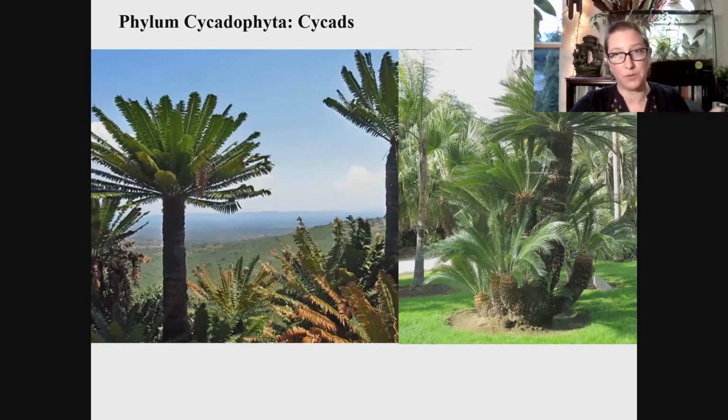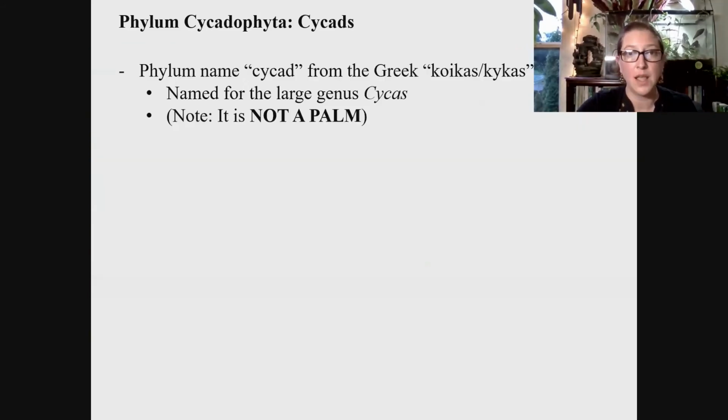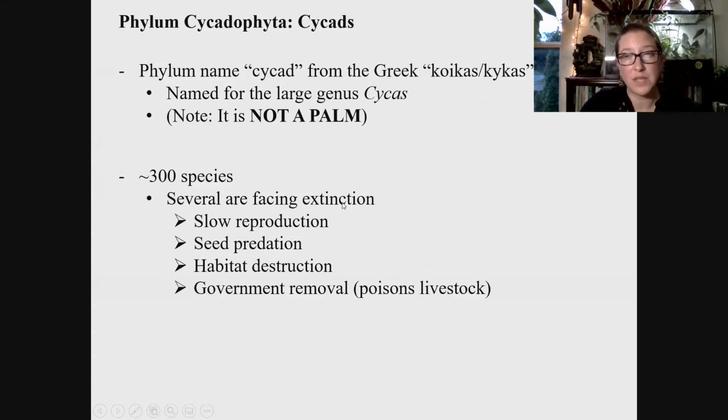Cycads look like palm trees. They look like palm trees, but they're not. But they do look like them visually. That's because the word cycad actually comes from a Greek word that means palm, but they're not palm trees. Palm trees evolved millions of years later. There are not that many species left on Earth, about 300 species.